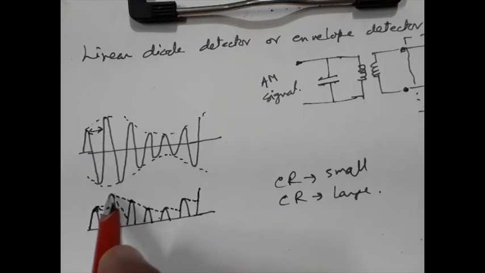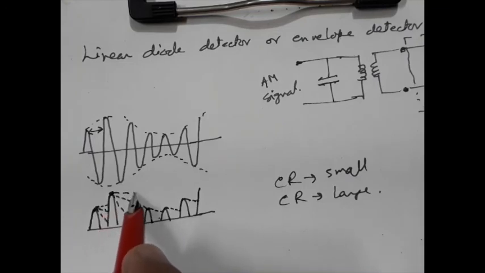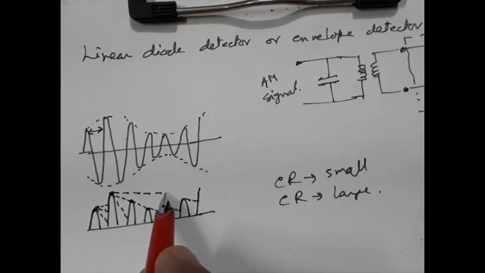Now what happens here? The next cycle is having lesser voltage, but the falling of the capacitor voltage is very small. So the capacitor voltage will now follow this path.